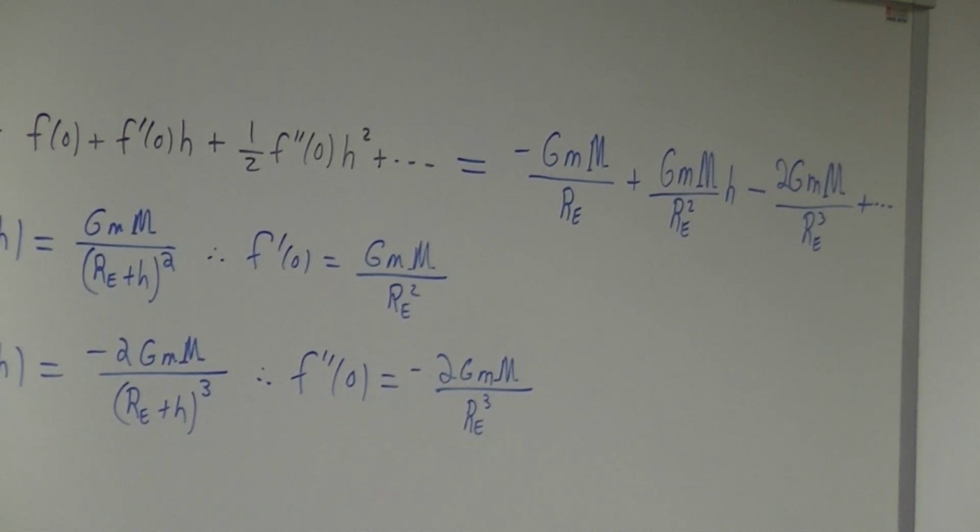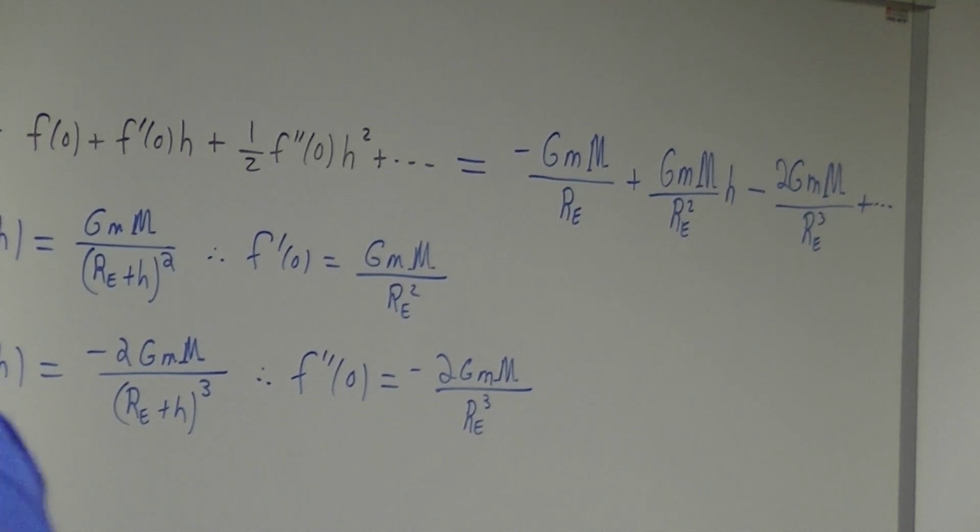What do you know about an alternating series? What's the error in the nth term of an alternating series bounded by? Alternating series estimation test. You guys know this. The size of the n plus 1th term.